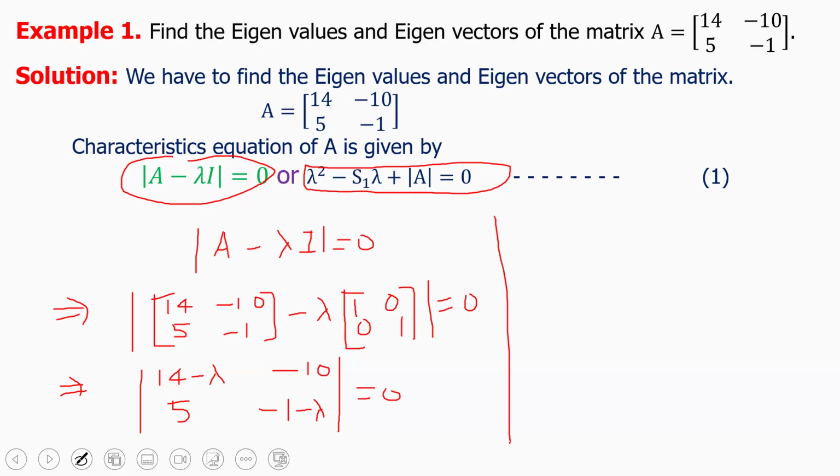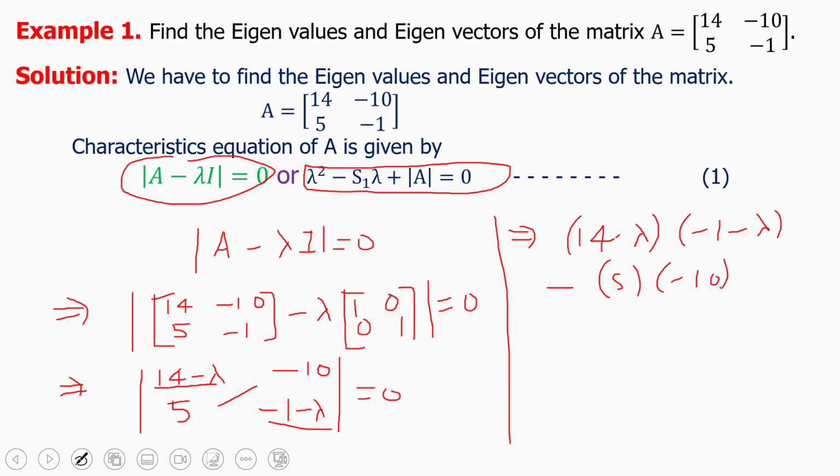Let us simplify it. This multiplied by this minus this multiplied by this, which implies (14 minus lambda)(minus 1 minus lambda) minus (5)(minus 10) equal to 0.